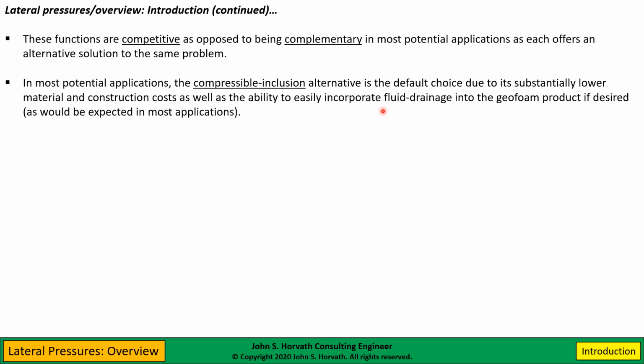And obviously the material volume and therefore material cost is a lot less. And with the compressible inclusion function, as you'll see, you easily can incorporate fluid drainage into the geofoam product. And this would be desired in most applications. You want to allow for the drainage of any water that infiltrates the retained soil and possibly ground-borne gases as well.